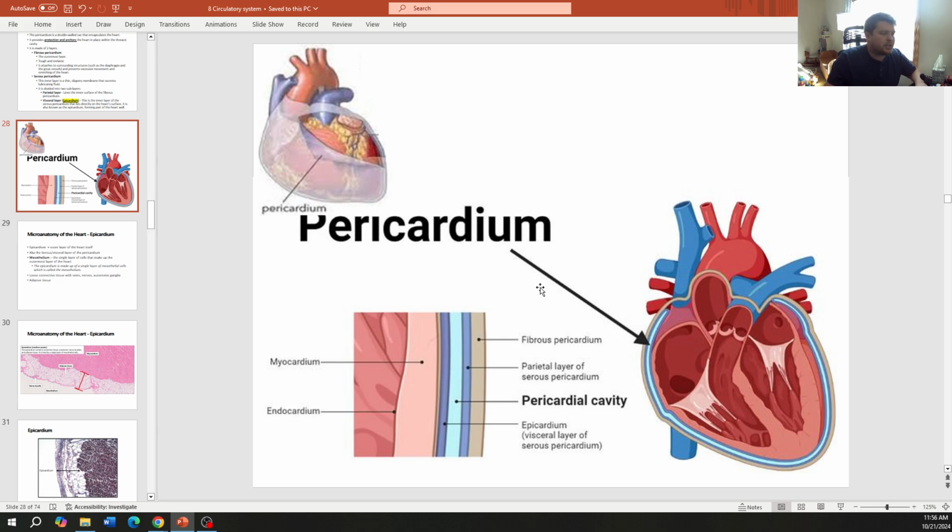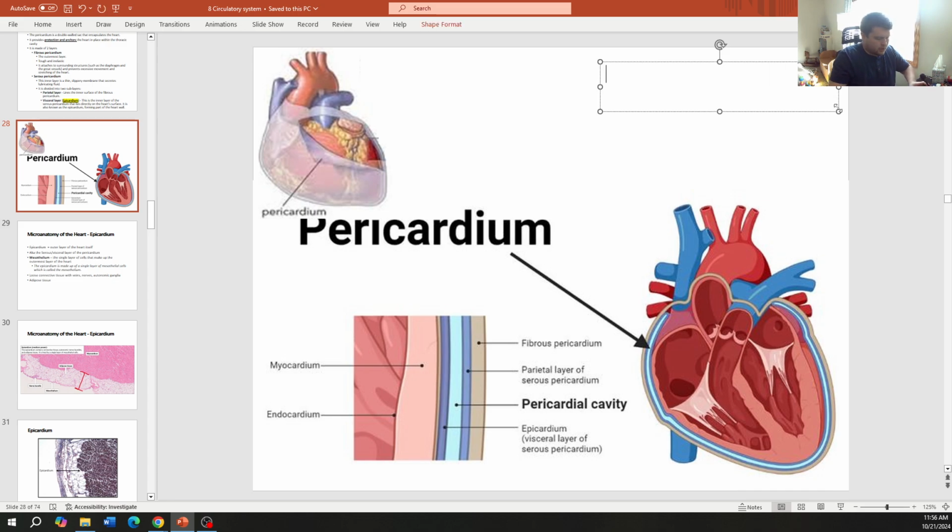They're going to talk about these quote-unquote cavities or spaces. They'll talk about the pericardial cavity or space. This is a potential space, okay?